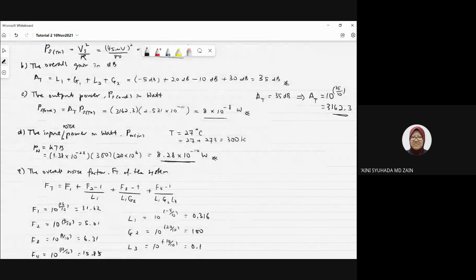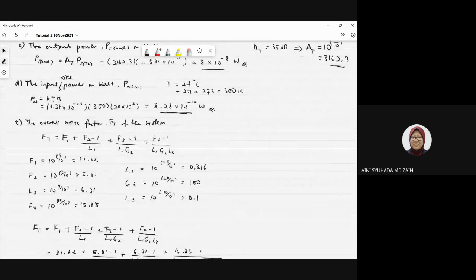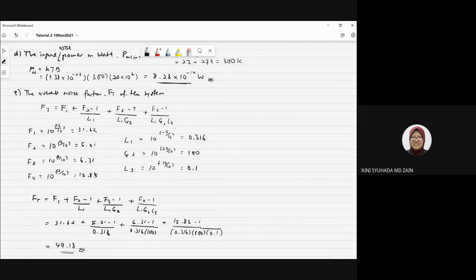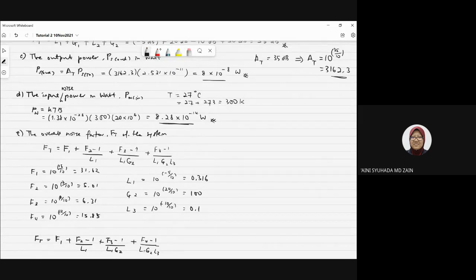So in any system later on, the calculation or the evaluation will just be the same, using the same formula model, or if any of the input power is to be calculated.